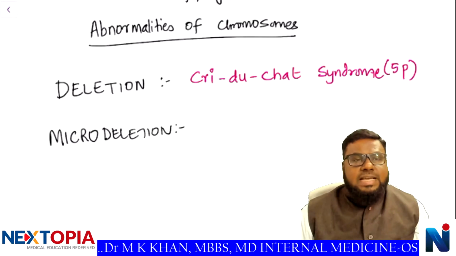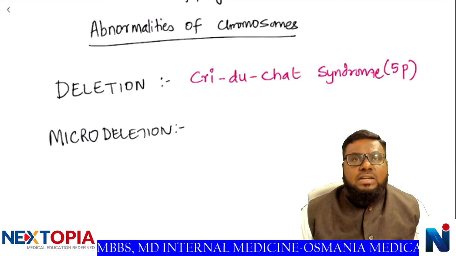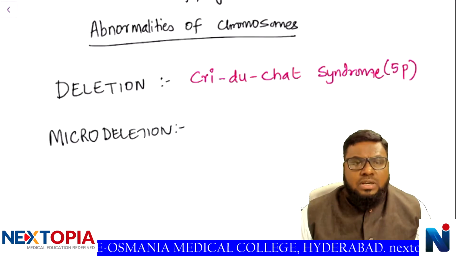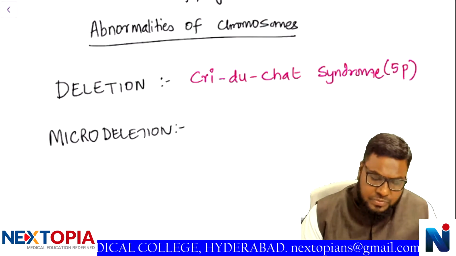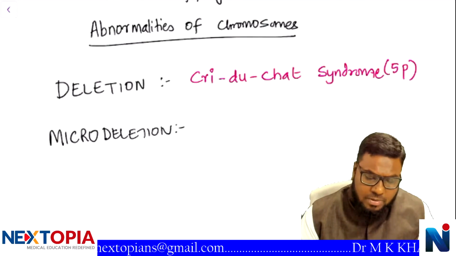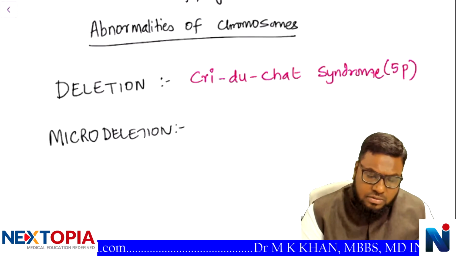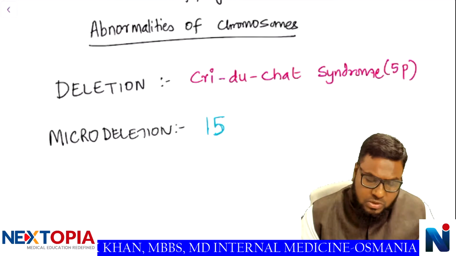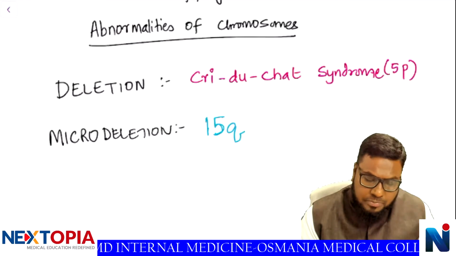of abnormalities of chromosomes. The second example is a deletion which is detected by high resolution testing. For example, the long arm of a chromosome is called what? Q, is it not? So 15q, 15th chromosome, long arm.